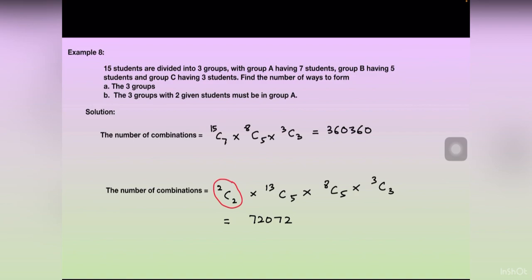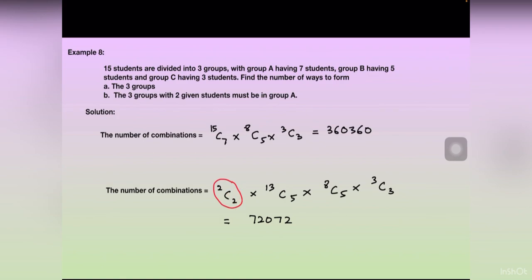So we have 2C2 for the given students who must be in Group A, times, since 2 are already taken, of the original 15 students the balance is 13, and we have to choose 5 more for Group A, because we need 7 students and 2 are already taken.